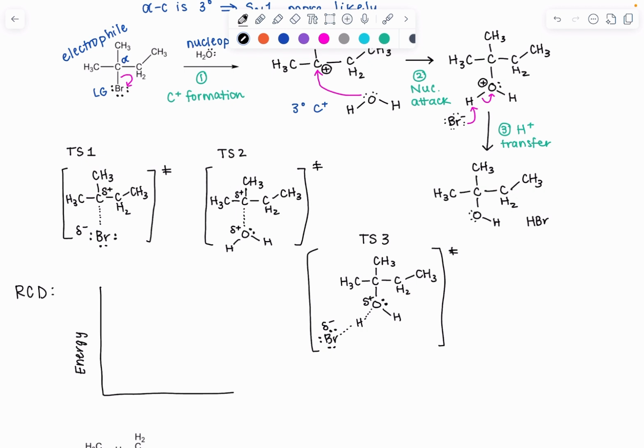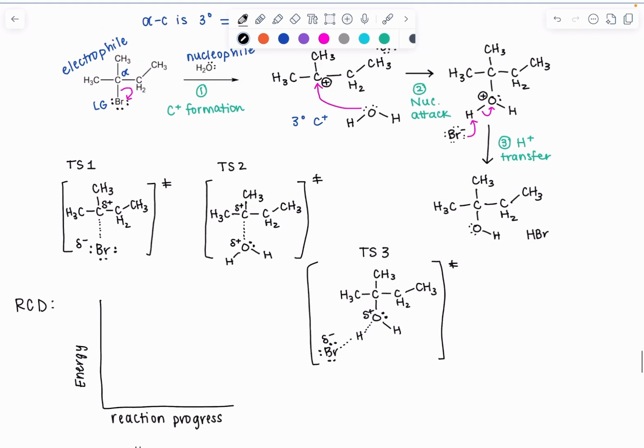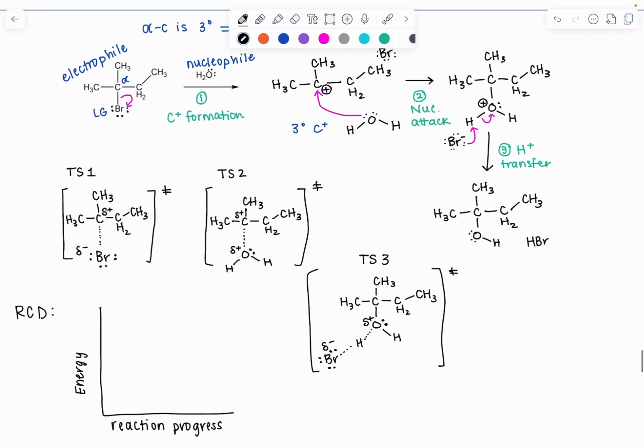And then reaction progress is along the x-axis. So in this reaction, we have 3 total steps. We have carbocation formation, nucleophile attack, and proton transfer. That means that we will have 3 transition states.